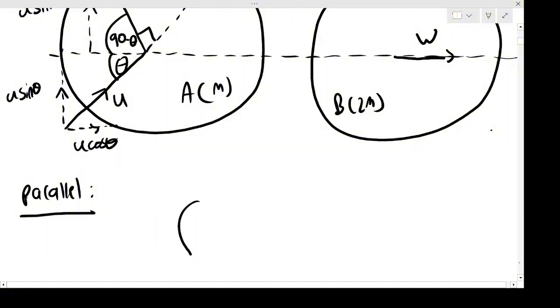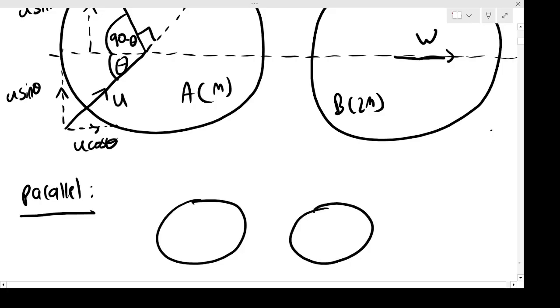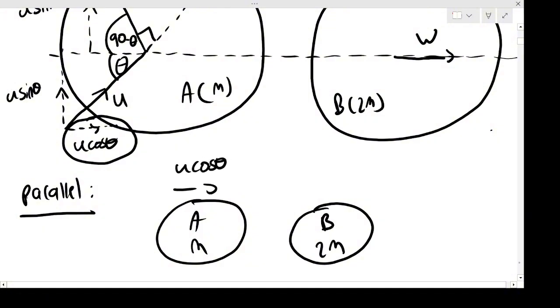Okay, so I have my two spheres, A and B, of masses M and 2M. Initially A is going horizontally to the right with speed u cos theta, and B is originally 0.